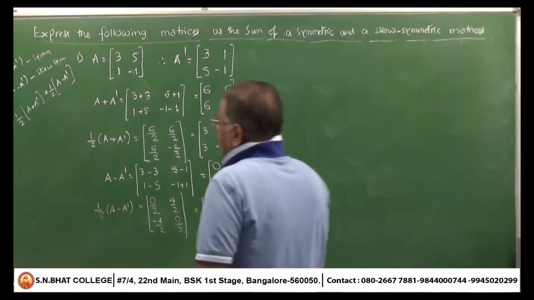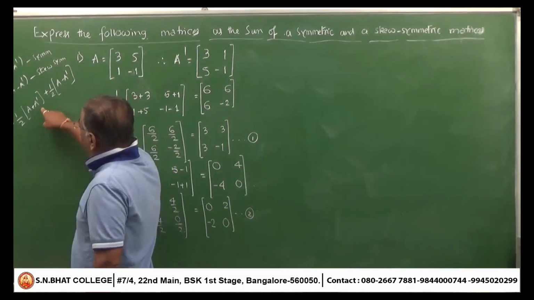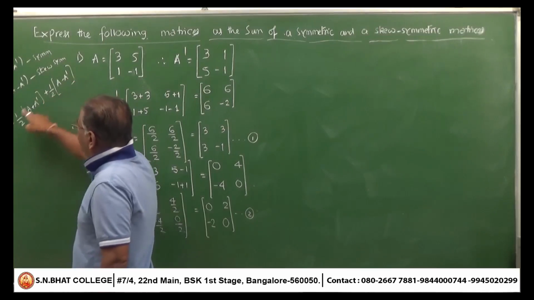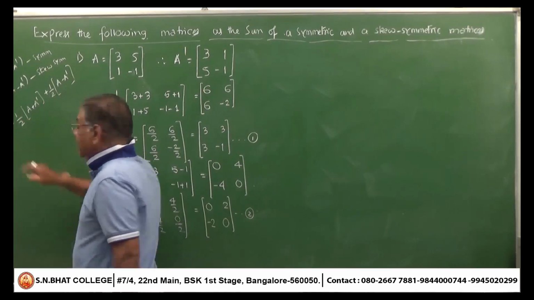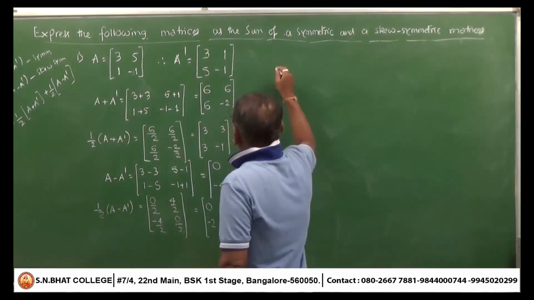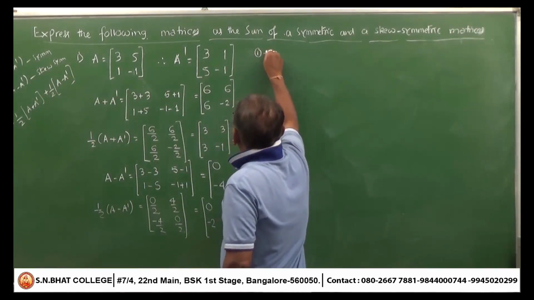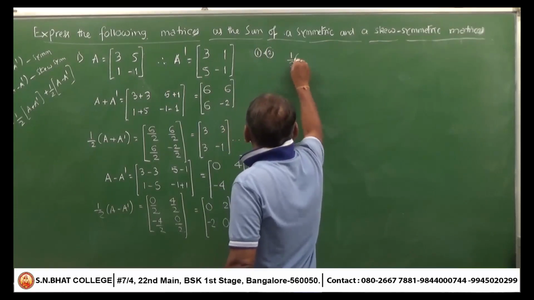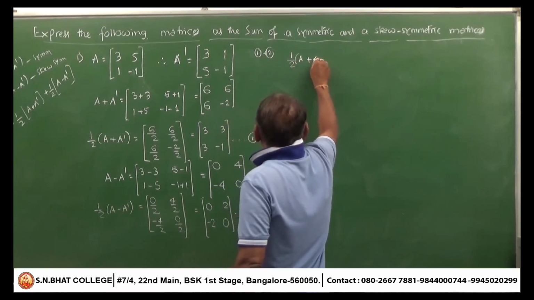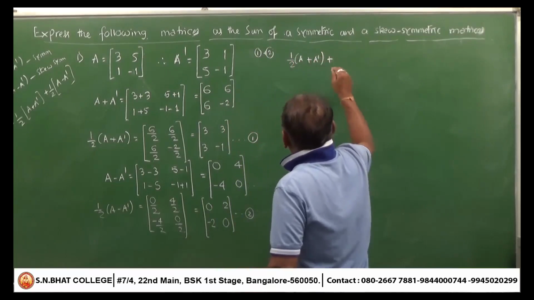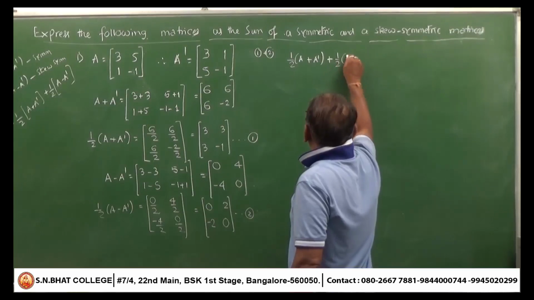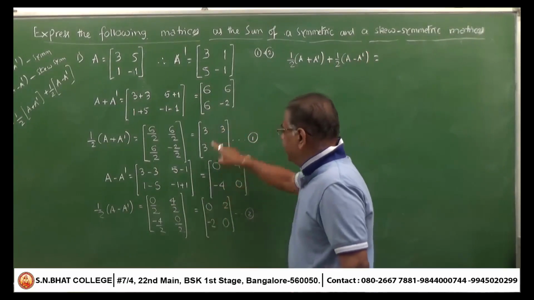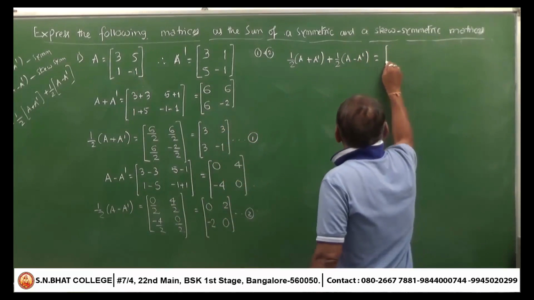Here I have to show that half into A plus A transpose plus half into A minus A transpose must be equal to A. Therefore, add 1 and 2. Left hand side is half into A plus A transpose, left hand side of 2 is half into A minus A transpose, is equal to right hand side; you have to add these two.